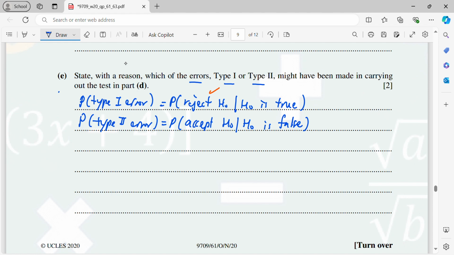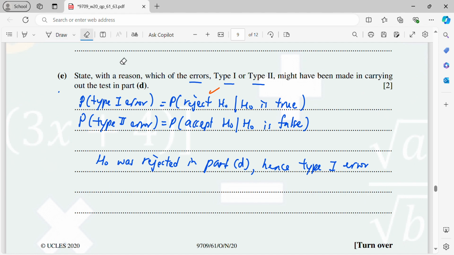So therefore, you just write: H0 was rejected in part D, hence type 1 error has been made. Okay, so done for this question.